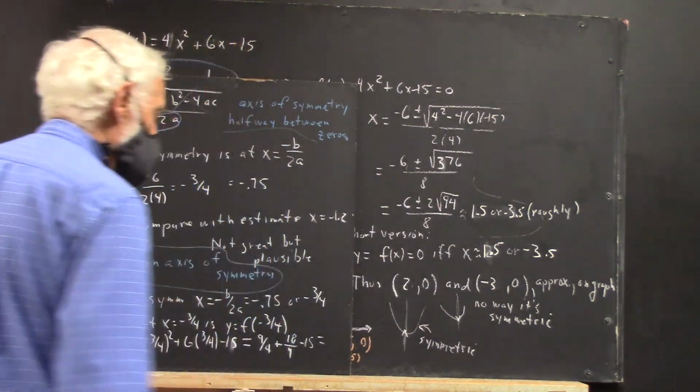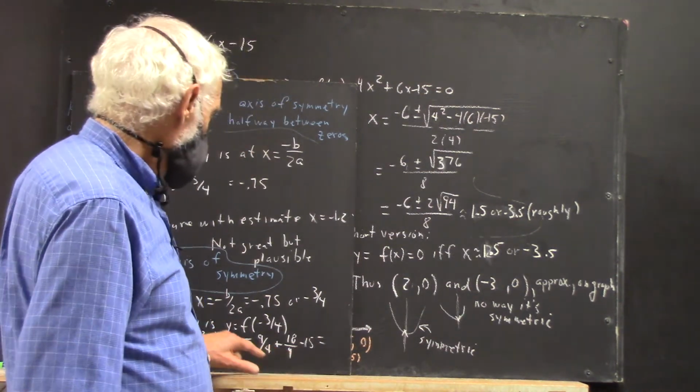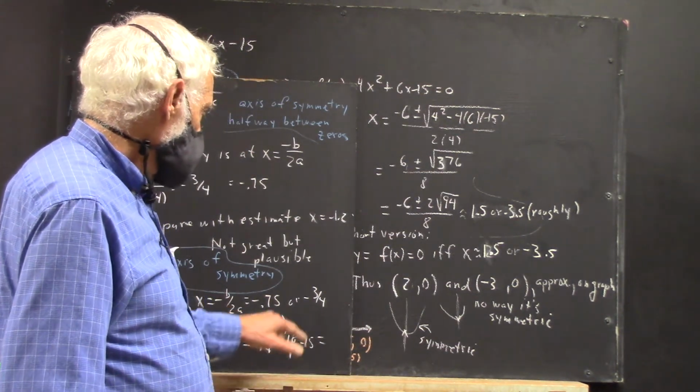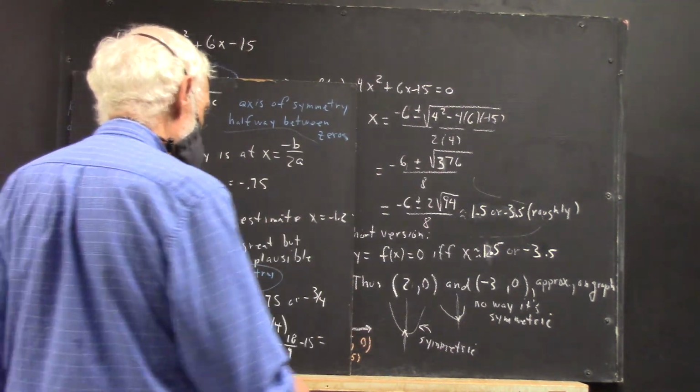And 15 is 60/4. So we can add the numerators. 9 and 18 is 27. If you subtract 60, you get negative 33.